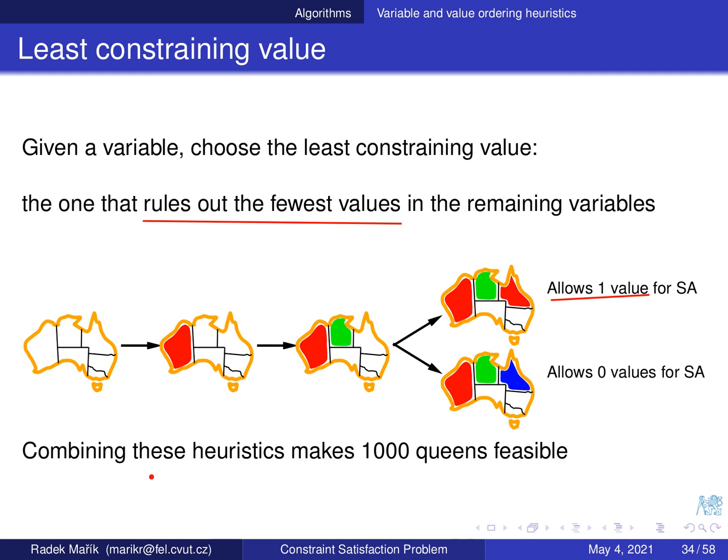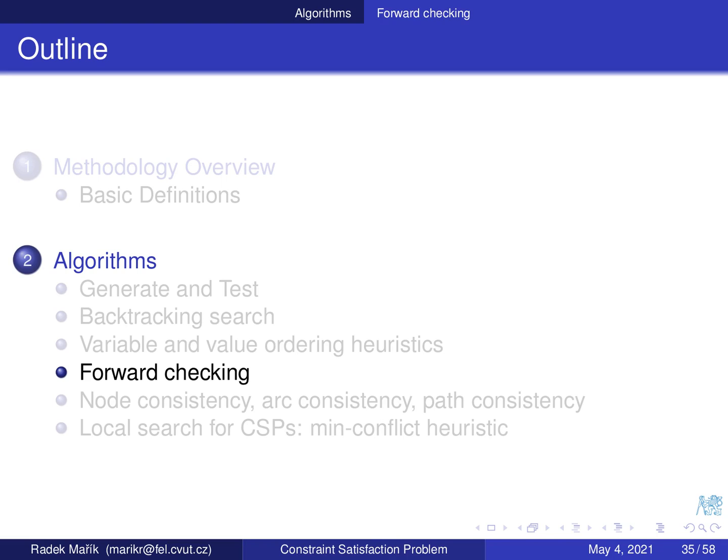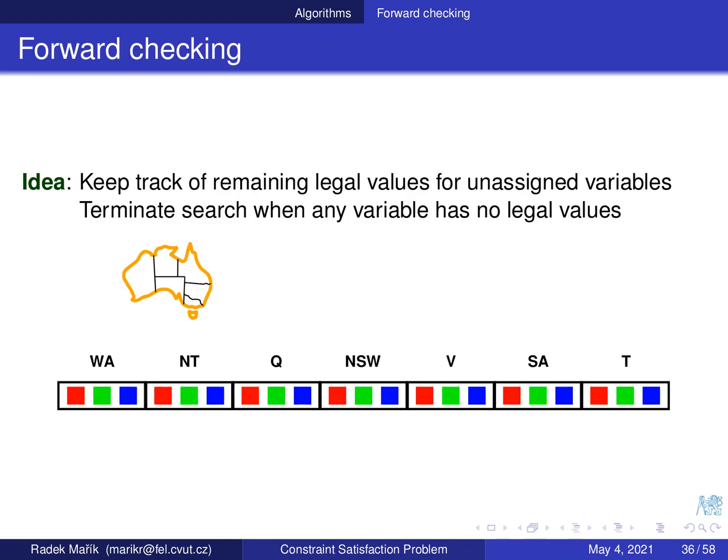If you use the heuristics presented so far, you can solve, let's say, up to the 1,000 queens problem. So we have variable order and value order. Now, what can we do next? Forward checking.